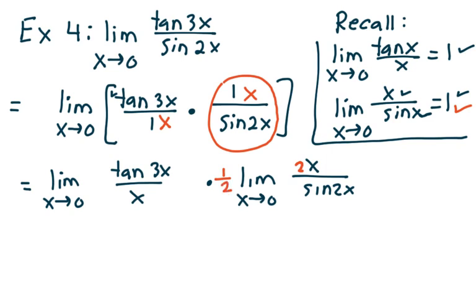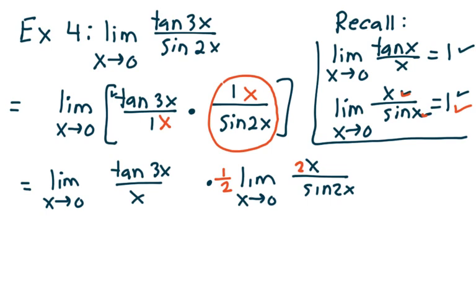Because remember, half of 2 is 1, and anytime you multiply by 1, the number doesn't change, right? So remember, again, the argument of the sine and the numerator have to match for this limit to be 1. So we have to make them match.